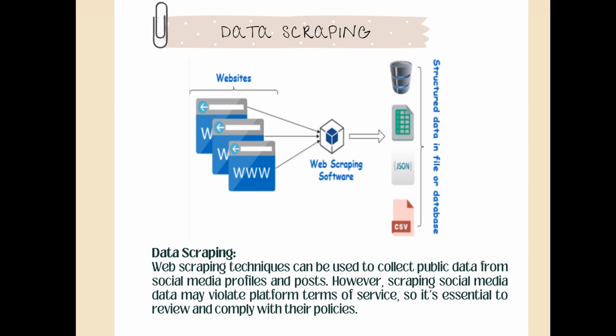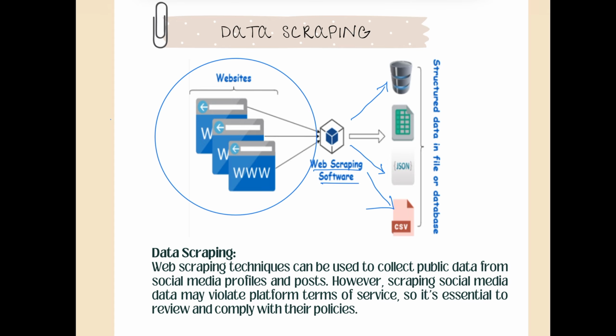Next is data scraping. Data scraping is a process of collecting data from various web pages like this and scraping using software and converting it into a JSON or a CSV or any other file. Structured data in a file or database.